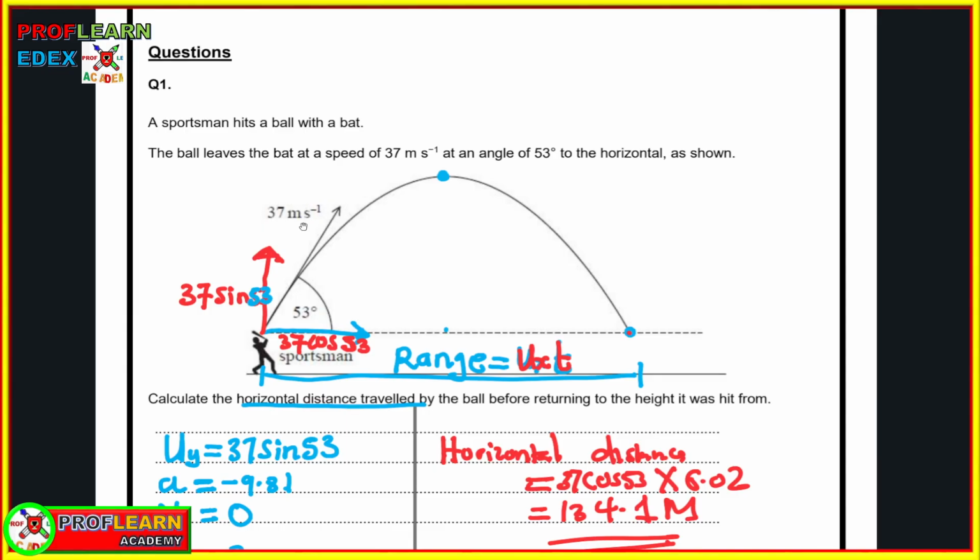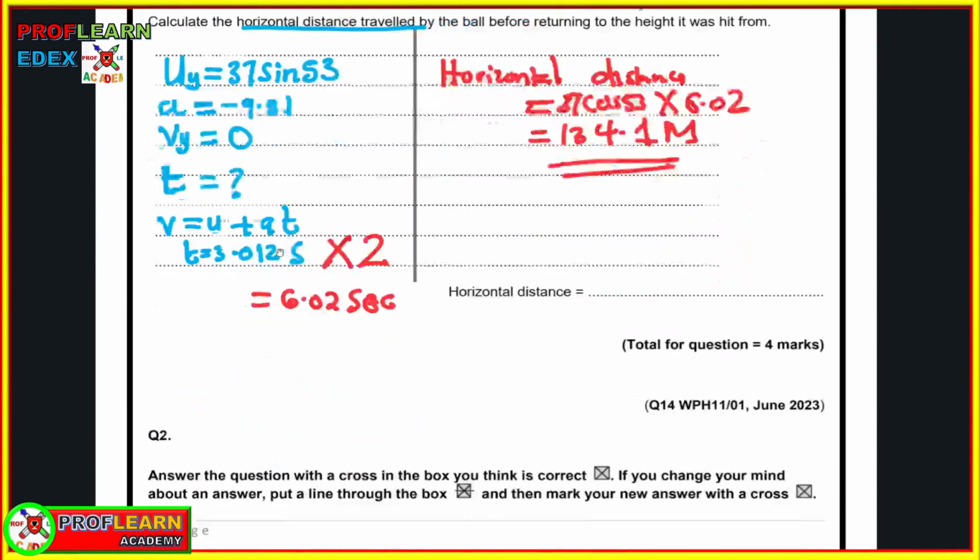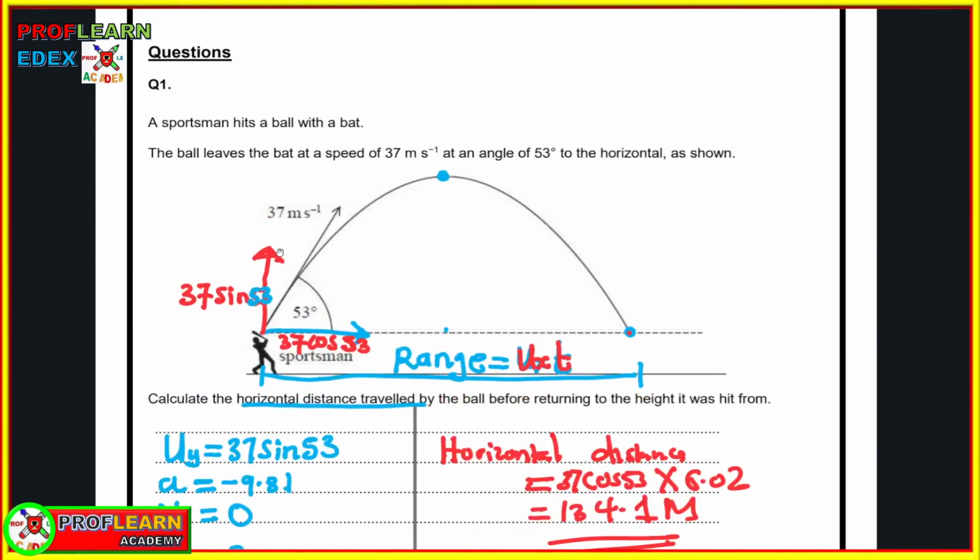The vertical component is going to enable you to work out the maximum height and the time taken to reach maximum height. But the horizontal component will enable us to work out the range and the time taken to land on the other side.